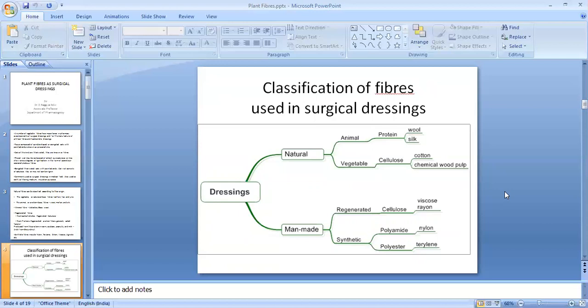From the natural, you have the animal source, that is protein, usually wool and silk, and the vegetable source, that is cellulose: cotton, chemical wood pulp, or other fibers like jute, flax, hemp and so on. Among man-made fibers, you have the regenerated, from cellulose, that is viscose rayon, and synthetic fibers: polyamides, nylon, and polyesters.